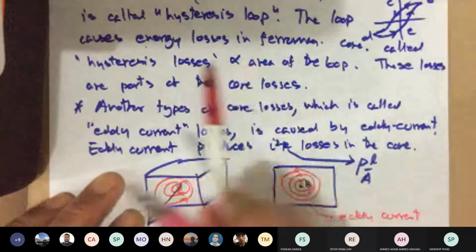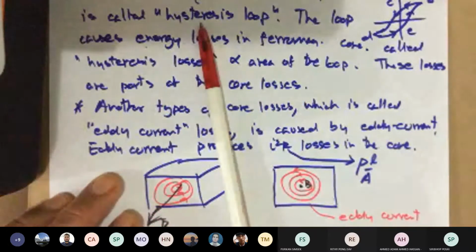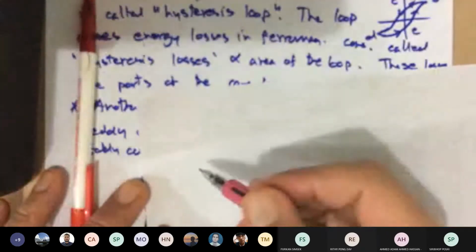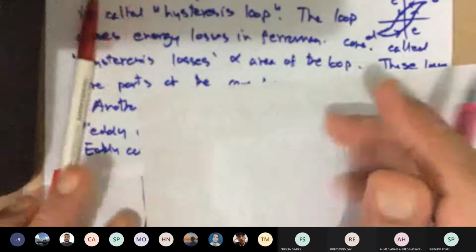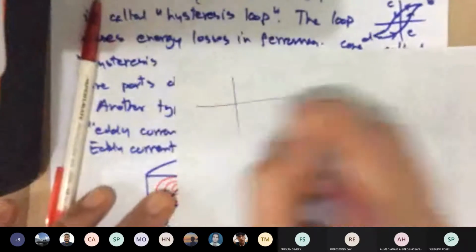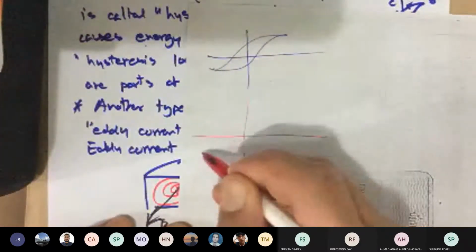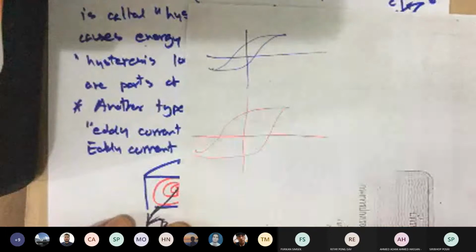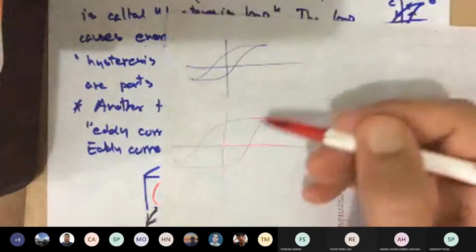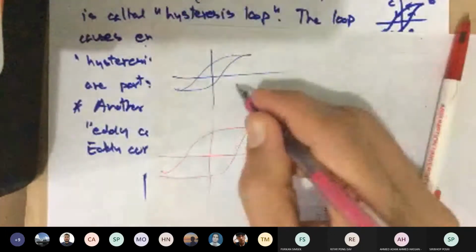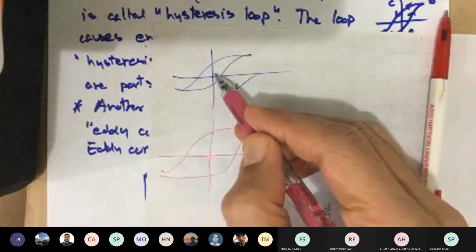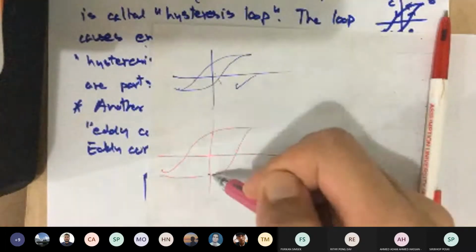So this means that if I have 2 different irons from different countries, let's say one has this hysteresis loop shape, and another one has this shape, assuming the same price, I would choose this one, because my core loss will be smaller since I have a small area compared to the red one.